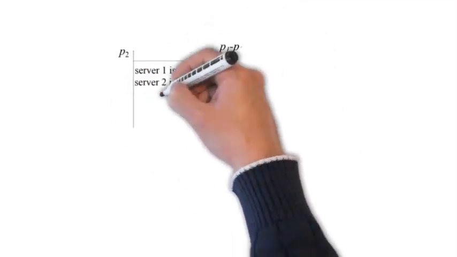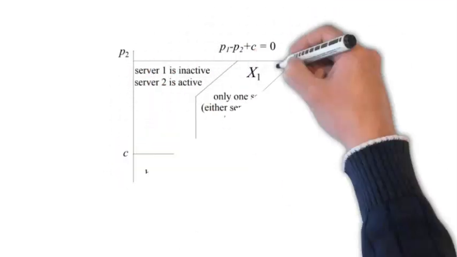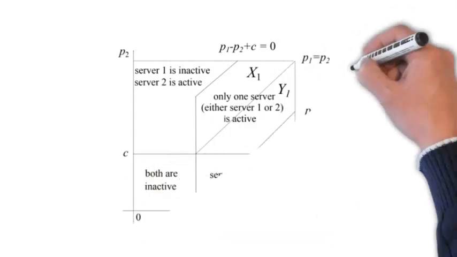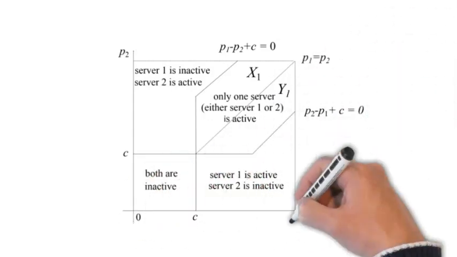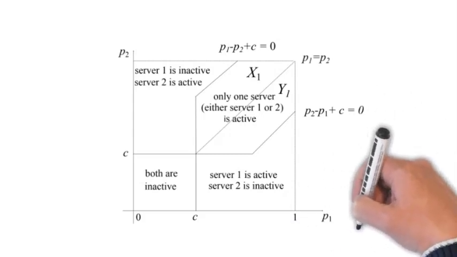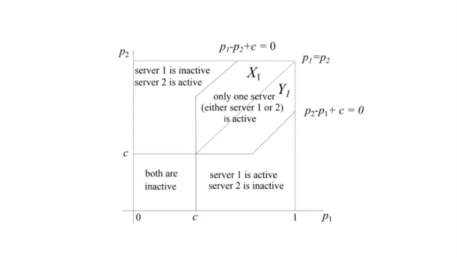Let's draw the Nash equilibrium in this plot. It can be seen that if your successful transmission rate is less than C, it's better to remain inactive. If one server is much better than the other server, and this better server's successful transmission probability is greater than C, then he should stay active and the other server will choose inactive.